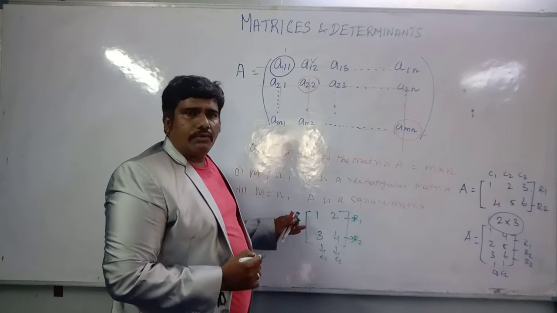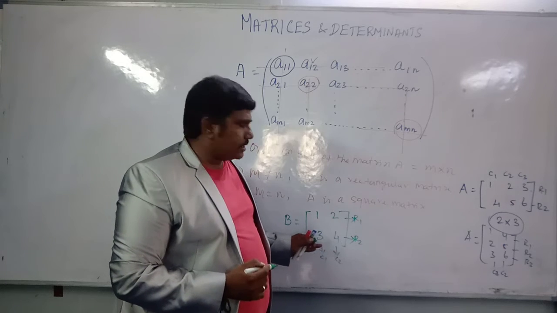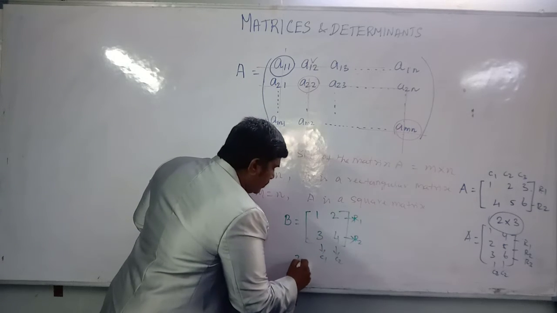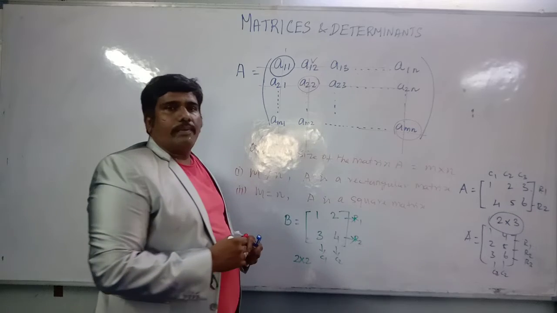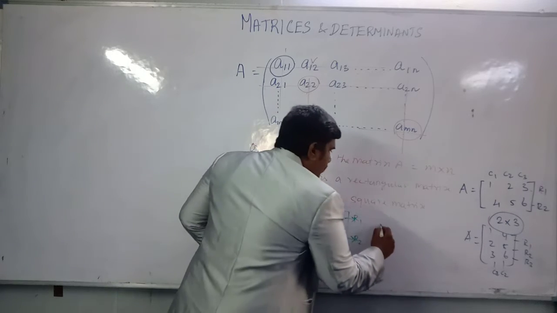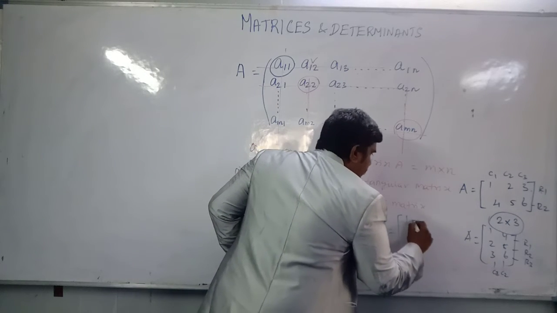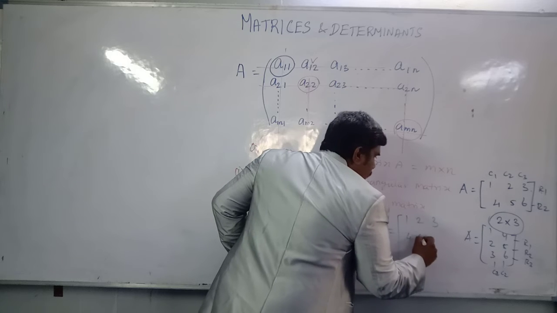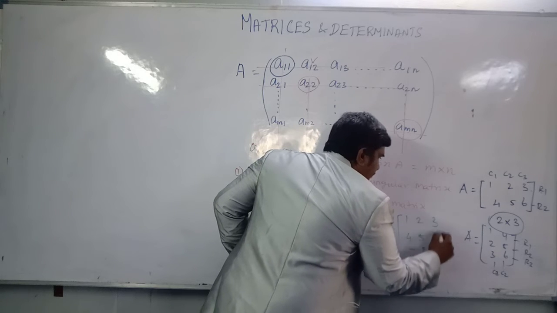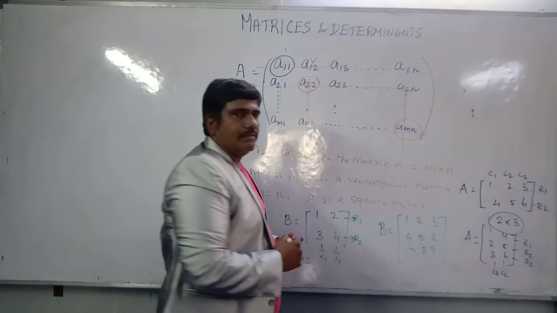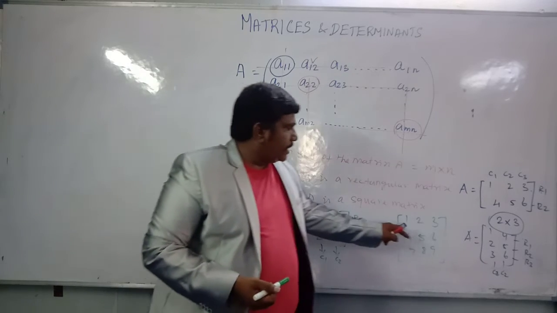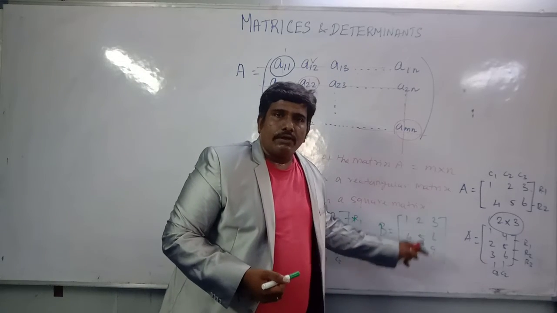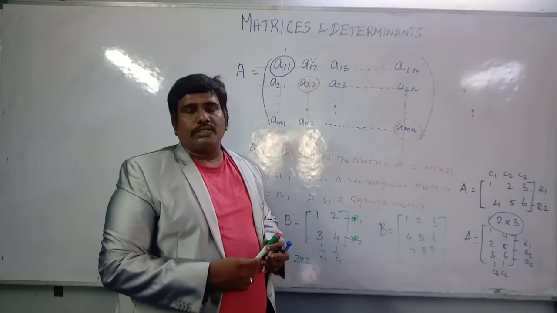So the number of rows and number of columns are equal, so it is said to be a square matrix. We can name this matrix a 2 by 2 matrix. Similarly, we can also have a 3 by 3 matrix: 1, 2, 3, 4, 5, 6, 7, 8, 9. Just for example, I am giving these numbers. Here we have 3 rows and 3 columns, so it is said to be a square matrix.